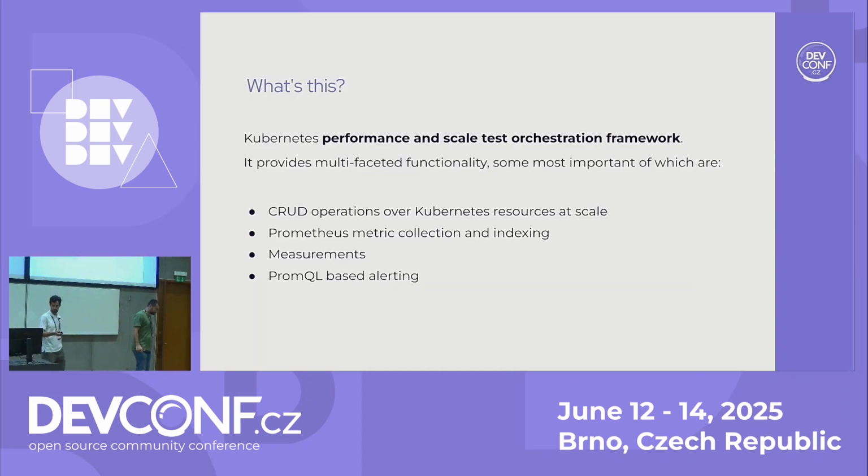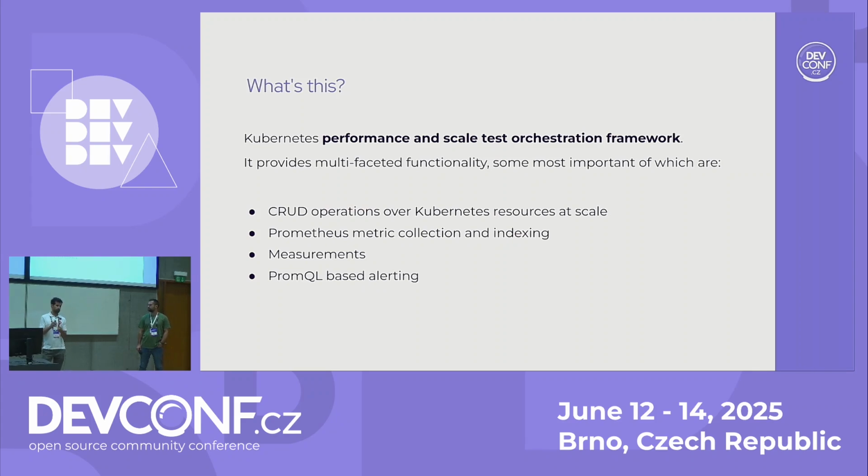Thank you, José. So, first of all, what is KubeBurner? KubeBurner is a performance and scale test orchestration framework that provides multifaceted functionality, and some of the most important are that it provides CRUD operations over the Kubernetes resources at scale, Prometheus metrics collection, and measurements, which are basically another approach to get cluster information without using Prometheus metrics.